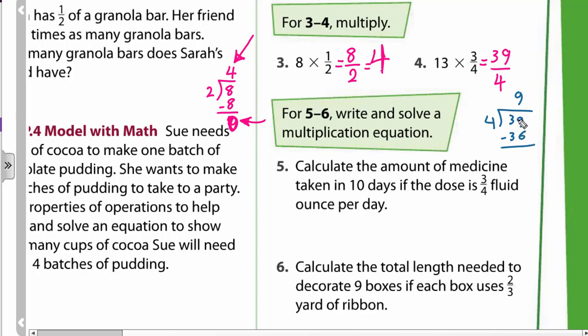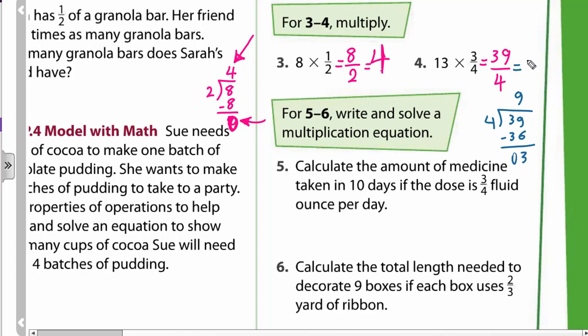What is the remainder? 9 minus 6 equals 3, and 3 minus 3 equals 0. So 3. Okay, let's write it as a mixed number.